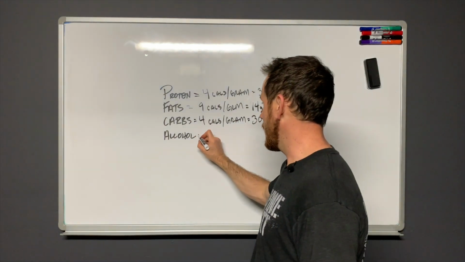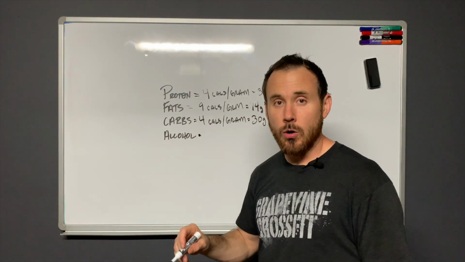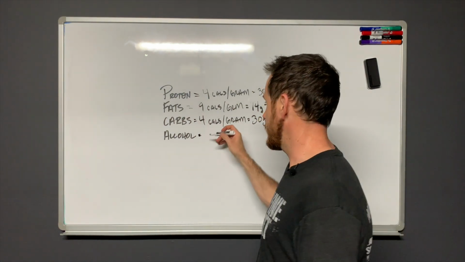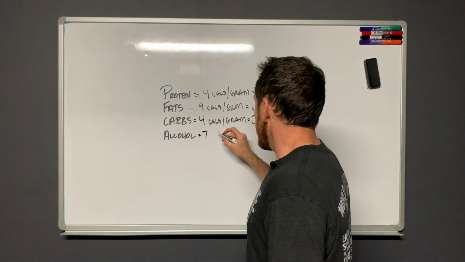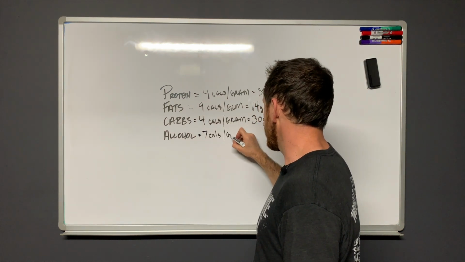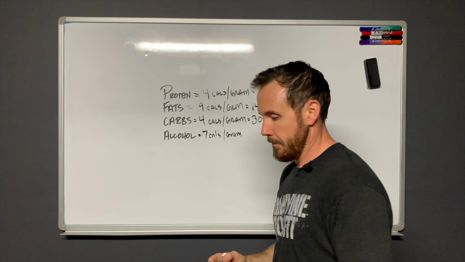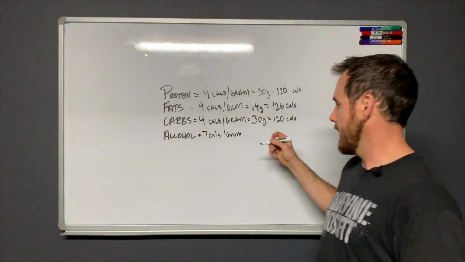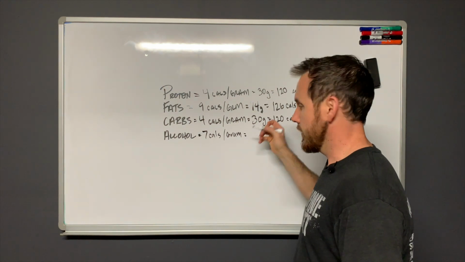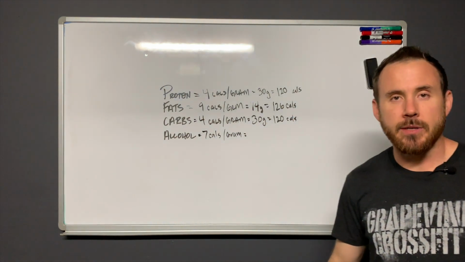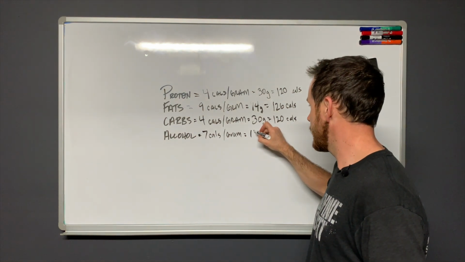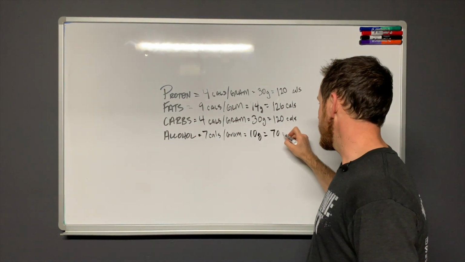Now let's talk about alcohol. Alcohol is its own macronutrient because your body sees it as energy and it still wants to break it down. It's my understanding that it's 7 calories per gram, which means if you have, let's say, 10 grams of alcohol, you have 70 calories.